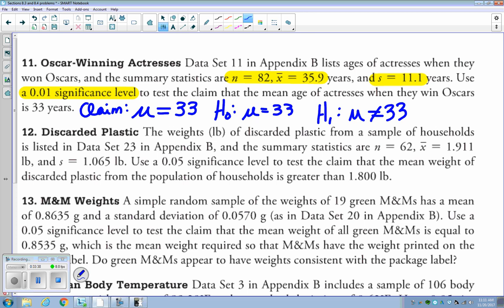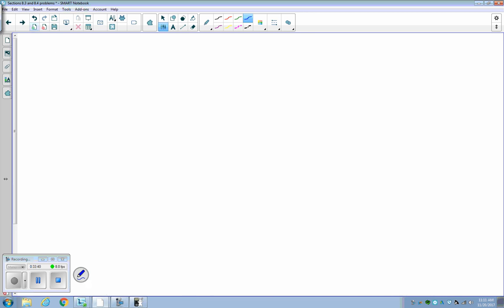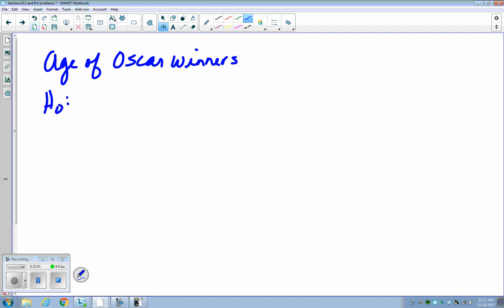Okay? So this is the age of Oscar winners. Mu is 33. The alternative is mu does not equal 33. Our significance level this time is 0.01.